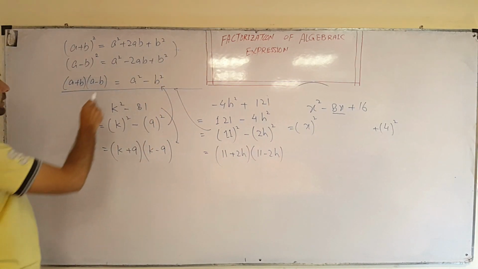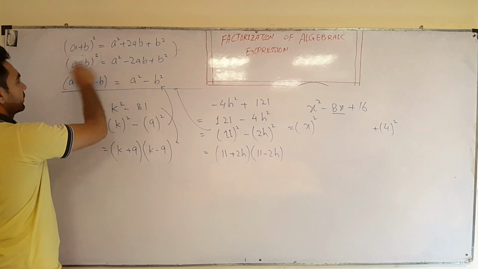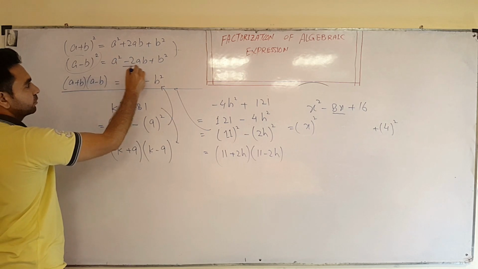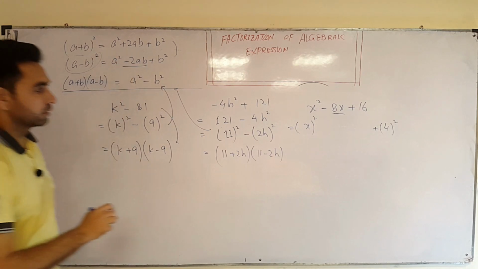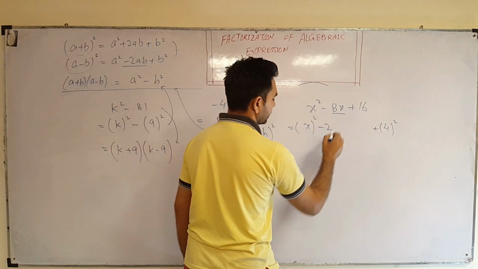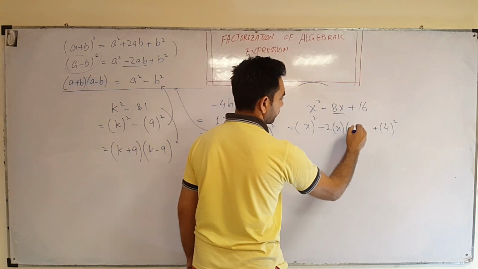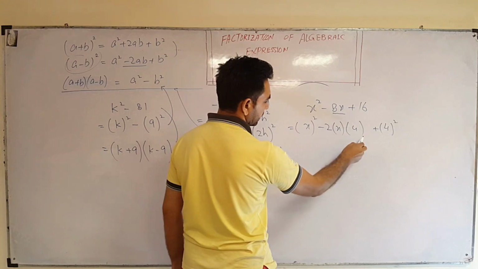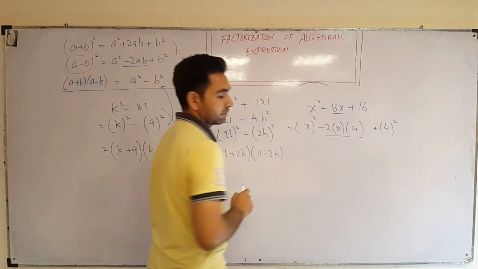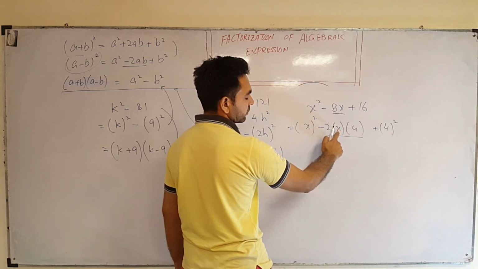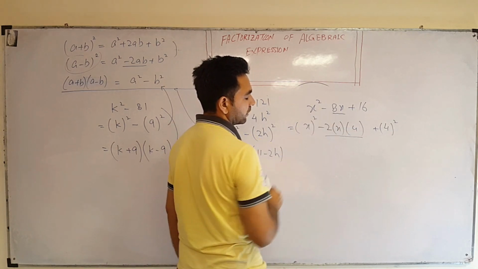If there is a negative, it means it is this identity, and in this identity we have minus 2 times the first and the second. So minus 2 times, our first is x and our second is 4. Now see whether this gives you that minus 8x. So 2 times 4 is 8, so that becomes 8x, and that is minus 8x.